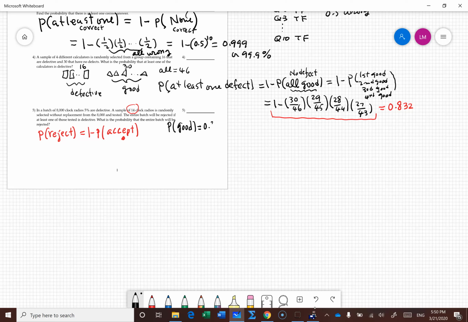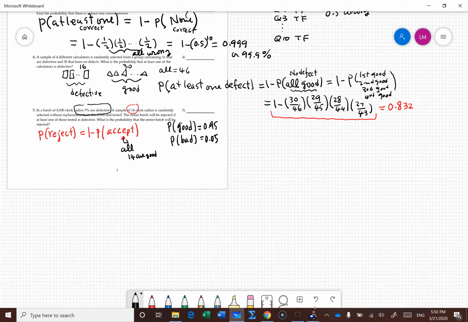It is 0.95, because the probability of bad is 0.05. That's what this one says: 5% are defective. So now to accept, all 14 are good.